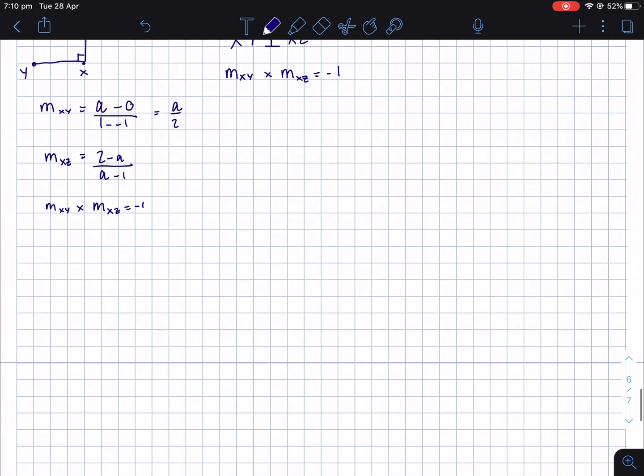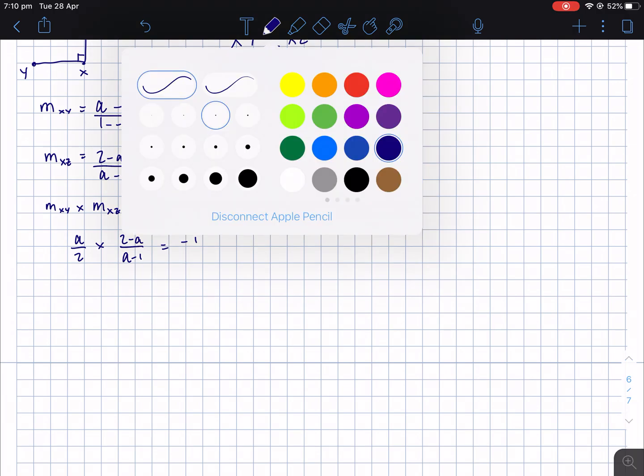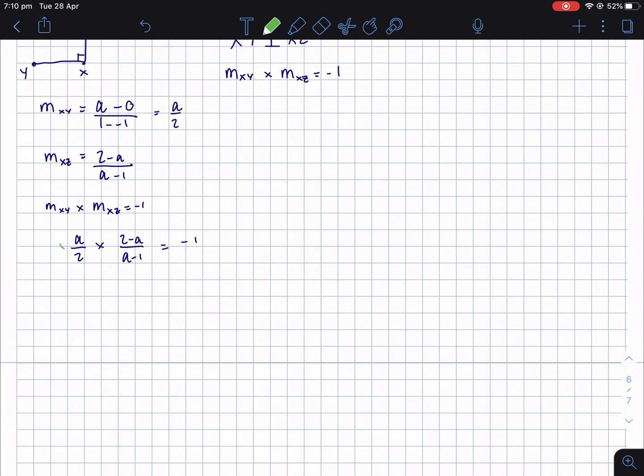We know m_XY times m_XZ equals -1. So we know A over 2 times (2 take A) over (A take 1) equals -1. I think the easiest way to deal with this, honestly, is to get rid of the fractions. So we're going to times by 2, and we're going to times by A take 1.